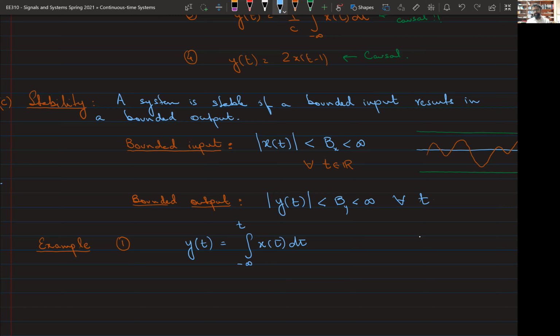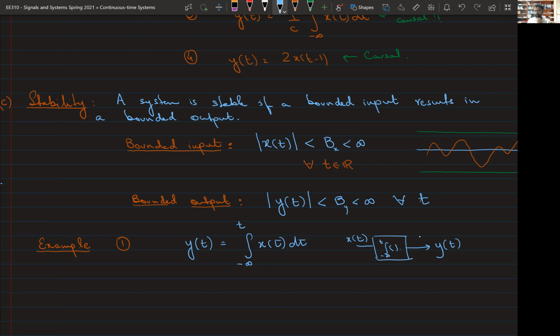Given that this is the input-output relationship, there's the input x of t, and what it does is integrate it from minus infinity to t, and that's what you get as y of t. So can somebody try to give me one input which is bounded, yet results in an output which is unbounded?